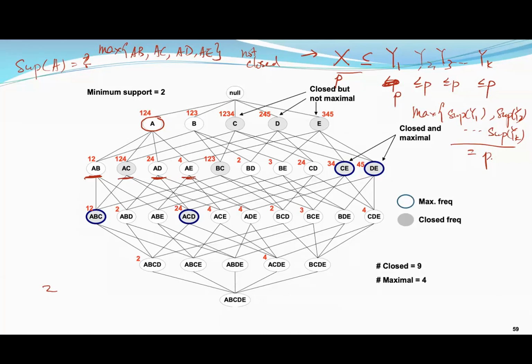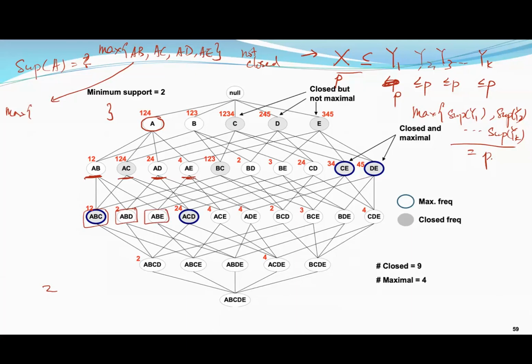We can do this recursively. So the support count of AB has to be the maximum of the support counts of AB's immediate supersets. So what are the immediate supersets of AB? They are ABC, ABD, and also ABE, right?